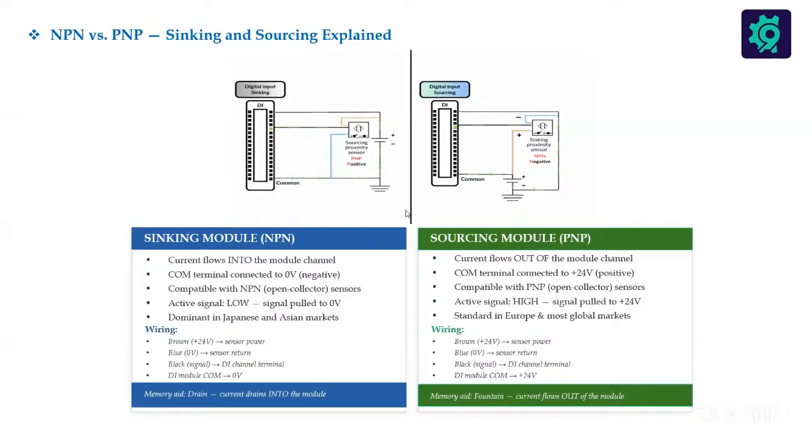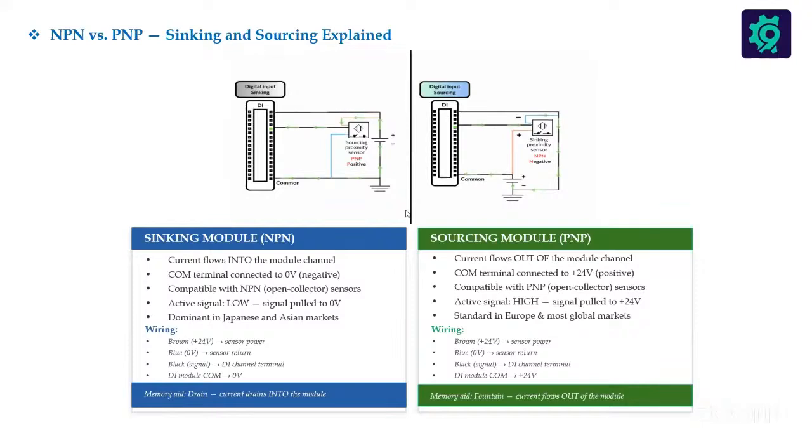So for a sinking module, current flows into the module channel, and the COM terminal is connected to 0 volt. Either you have a load or an input, in this case an input device.